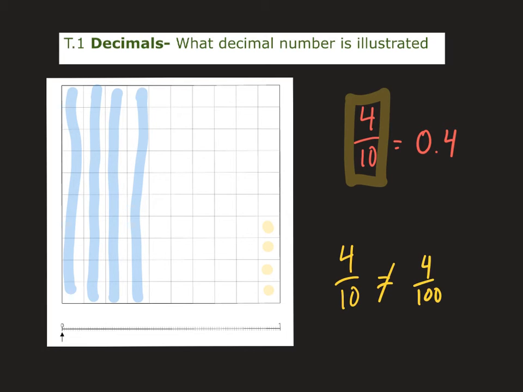So make sure you're being careful with those and understanding that tenths and hundredths are very different. Here is 4 hundredths, 4 out of the 100 pieces. Here is 4 tenths, 4 out of the 10 pieces. So tenths are much bigger than hundredths. Make sure you understand that component.